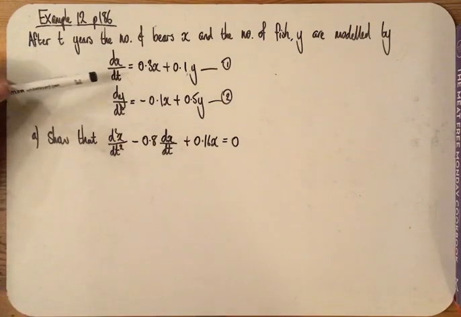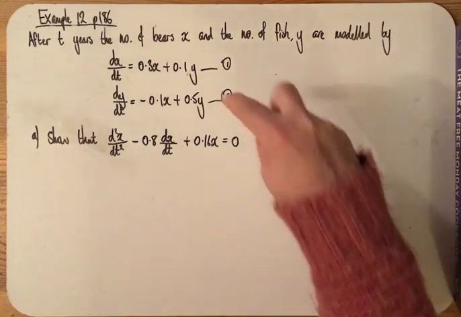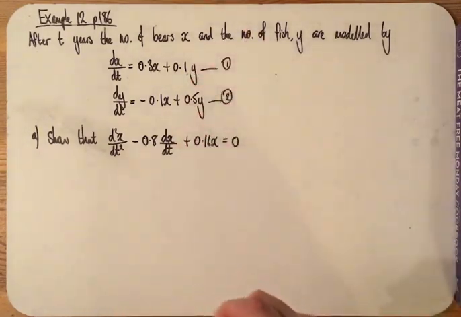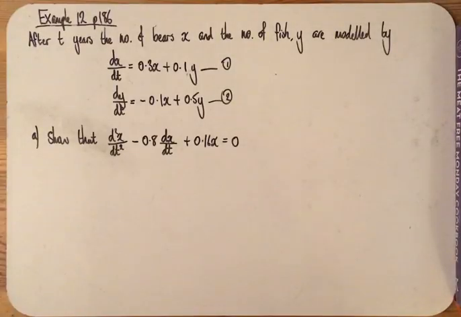They're first order because we've just differentiated once, so we've got dx/dt and dy/dt. These are homogeneous because f of t and g of t are both equal to 0.